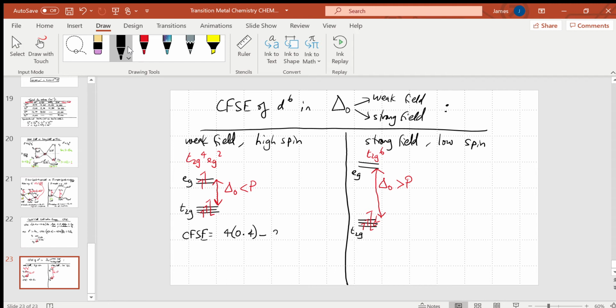We have 2 lots of our 0.6, and that's going to be multiples of delta O. So 4 0.4s are 1.6, 2 0.6s are 1.2, so 1.6 minus 1.2 is 0.4, multiples of delta O.